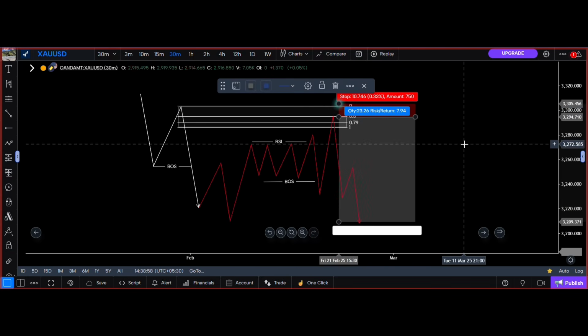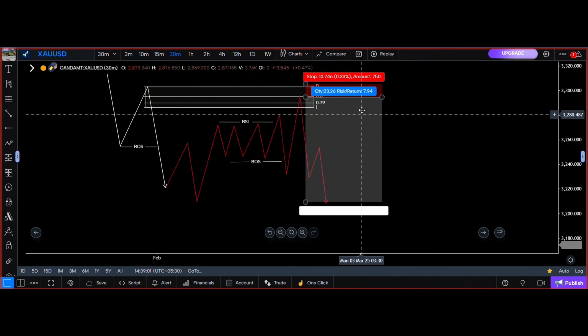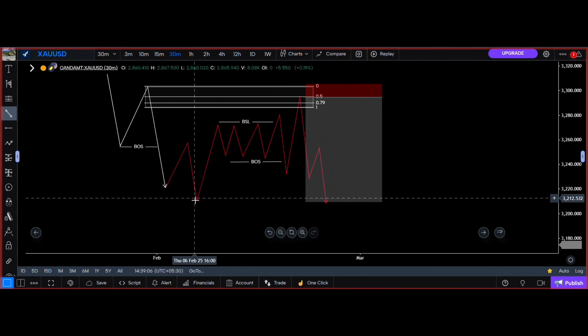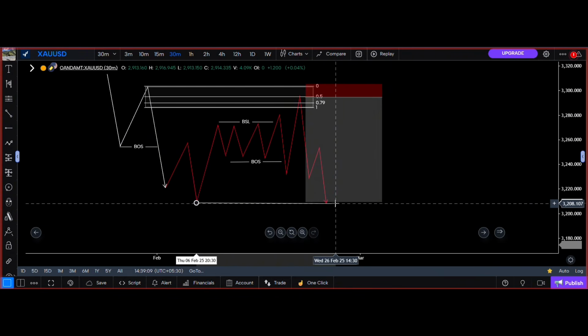The SL should be a little bit above. So this is an easy 1 to 8, 1 to 7, 1 to 5 trade. We'll target this low here.